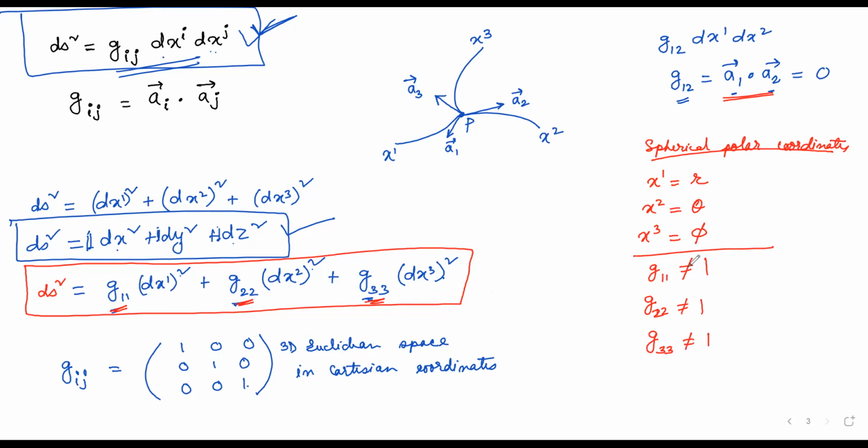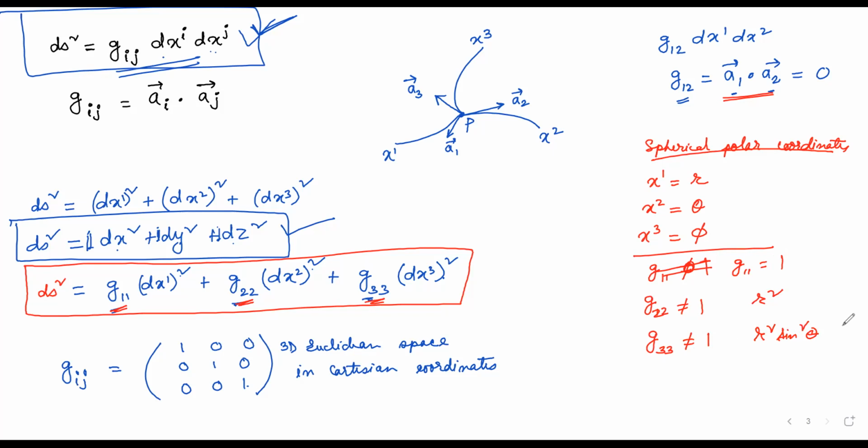Oh, sorry. In this particular case, G11 is 1. So let me cancel this. G11 is 1. But G22 is actually r square. And G33 is actually r square sine square theta.